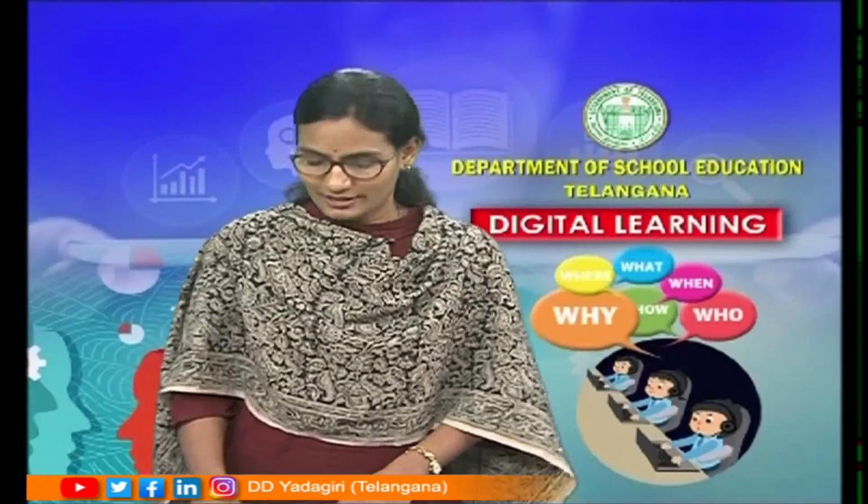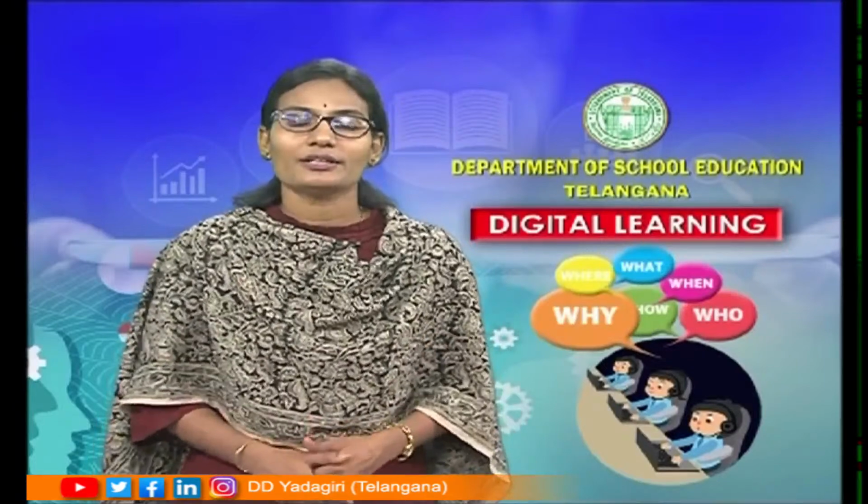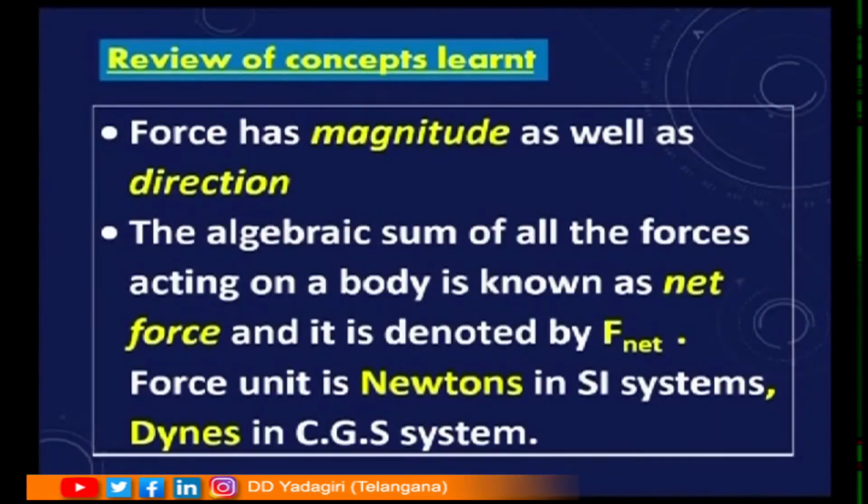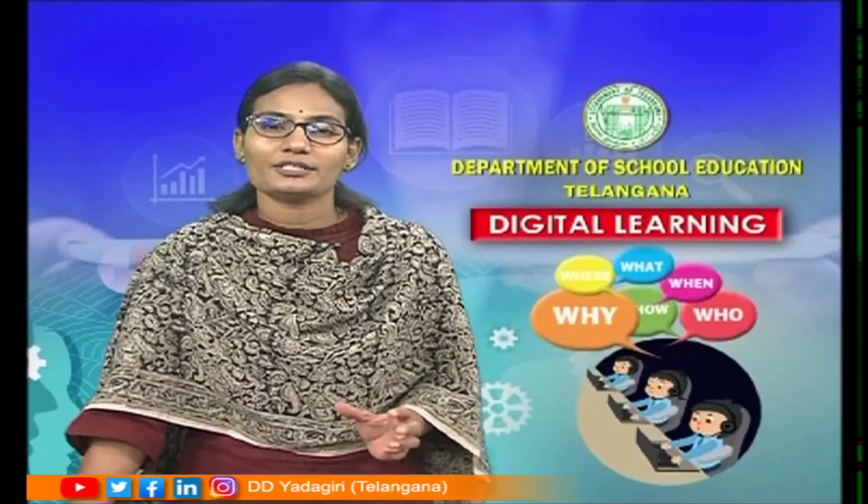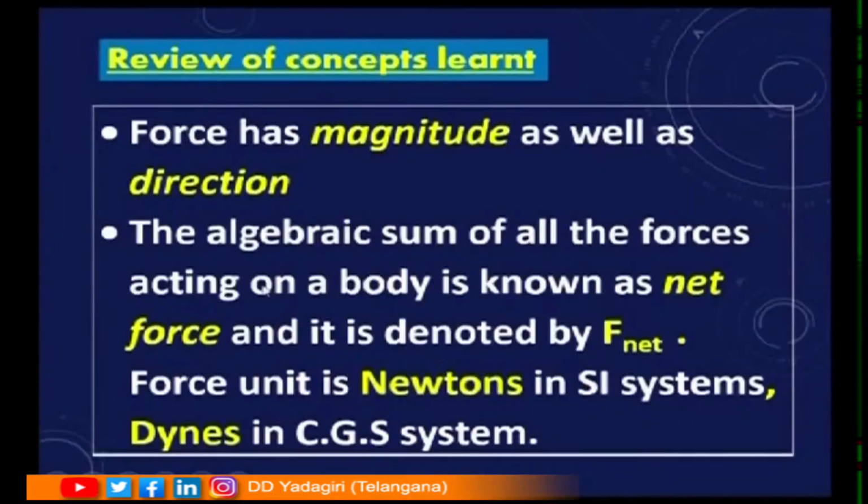Okay children, in this session we discussed force, effects of force, as well as the net force and the pressure. Let's take a glance at the review of concepts we learned in this session. Force has a magnitude as well as direction. The algebraic sum of all the forces acting on a body is known as net force, and it is denoted by F net.